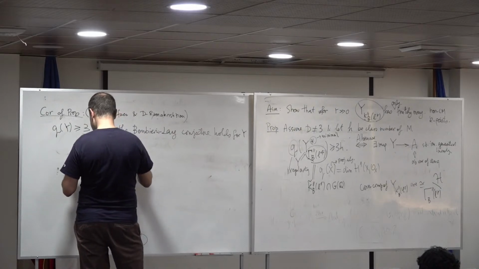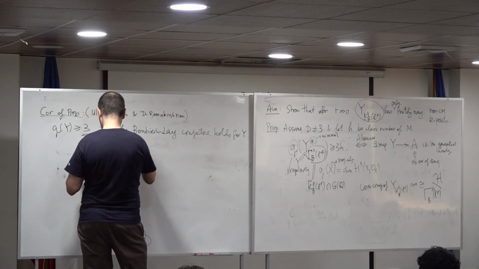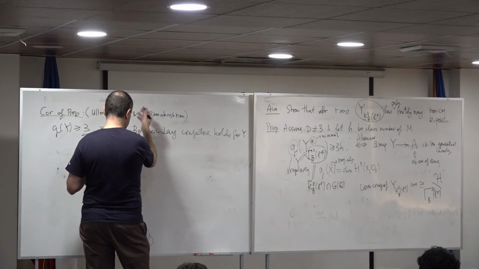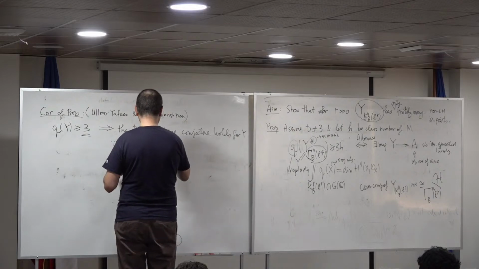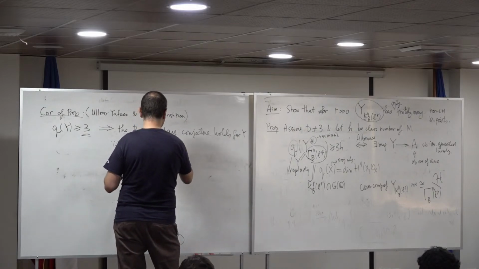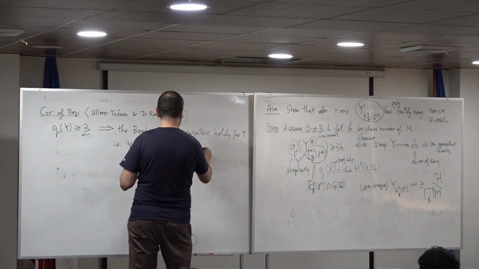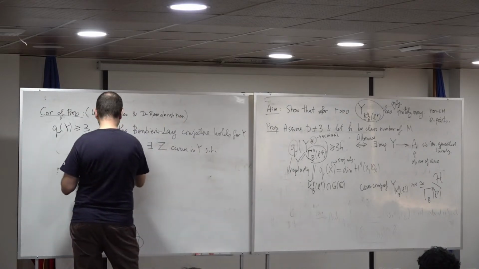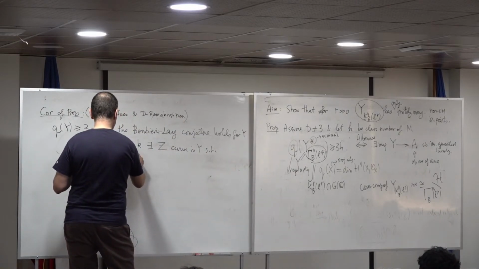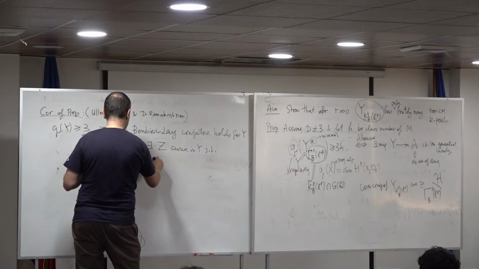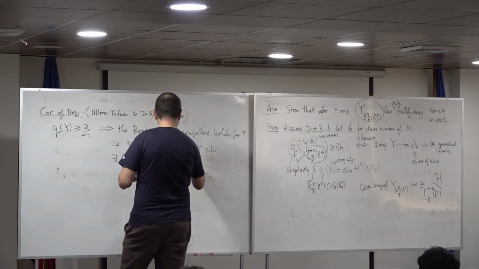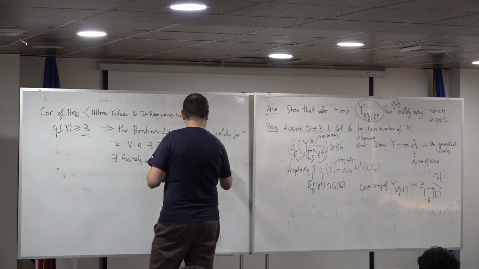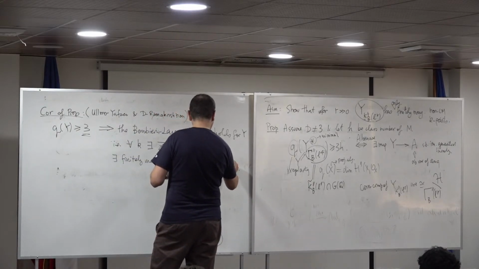What does this mean? This means that for each k, a fixed number field, there exists z, a curve in y, such that there exist only finitely many k-rational points in y outside z.